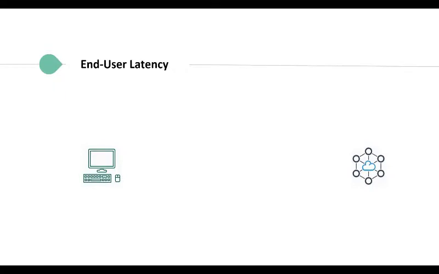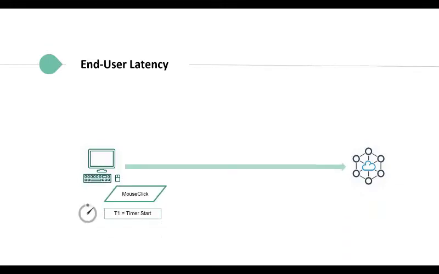So end user latency, I do want to capture this one really quickly. As I mentioned before, we're able to trigger an input, which is a mouse click, and we start a timer. This mouse click is then taken by the remote protocol and sent to the virtual desktop or the RDSH session, to the VM, wherever it may sit, on-prem or in the cloud.